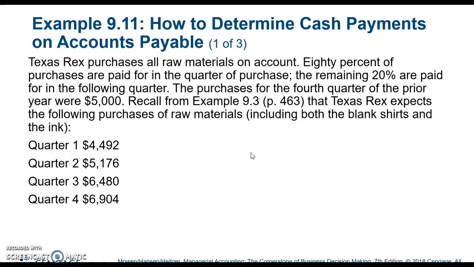And so those direct material budgets come down to the exact amount that we're going to have to pay on those direct materials. So in quarter one, the total for the blank shirts and the ink that we're going to have to spend on those direct materials is $44.92. For quarter two, $51.76, etc.